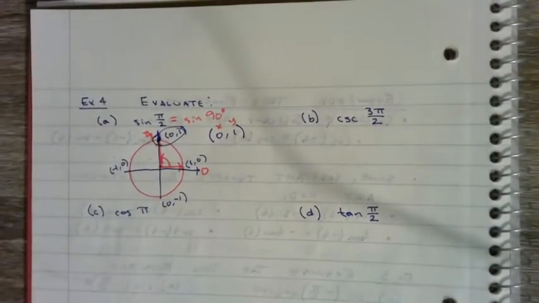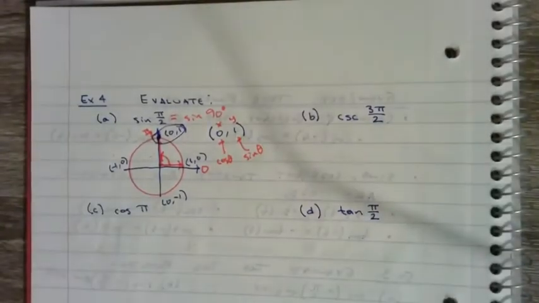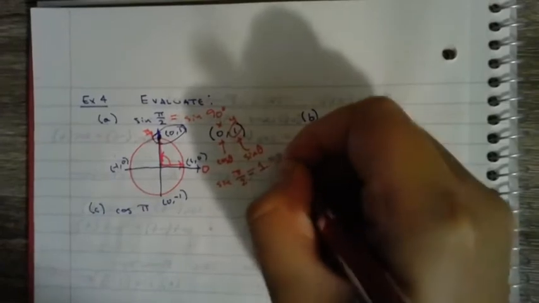But a fact you want to know, pretty much for the rest of the unit circle, is that your x right here is cosine of theta, and your y is sine of theta. So think about it. You have sine of theta, but what is this theta? This is sine of pi over 2. If this is your cosine and that's your sine, then your sine of pi over 2 is going to be 1, which is equal to y.